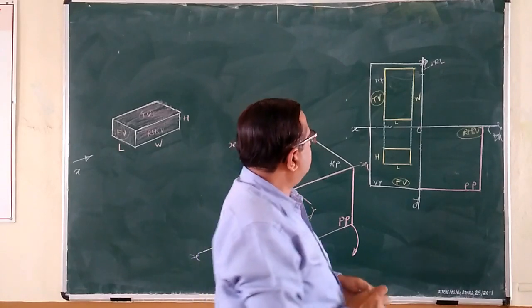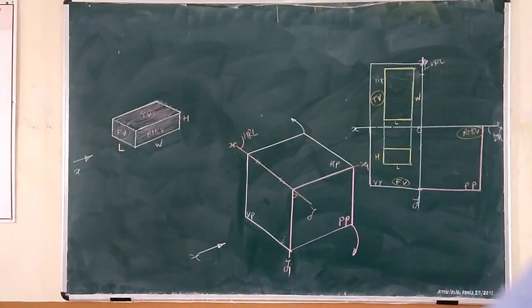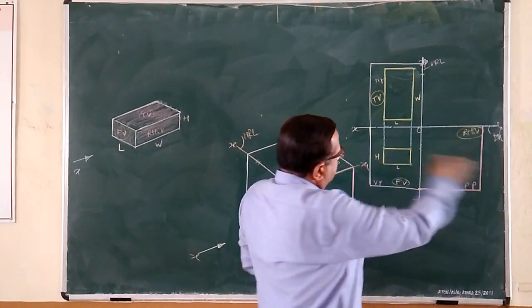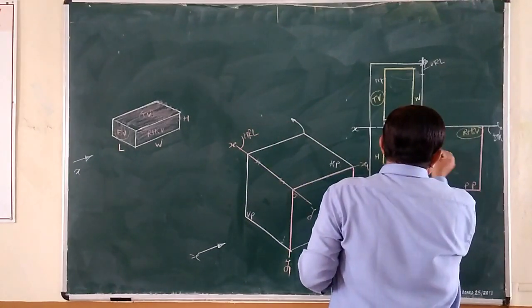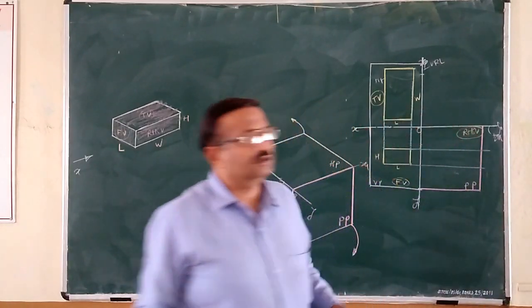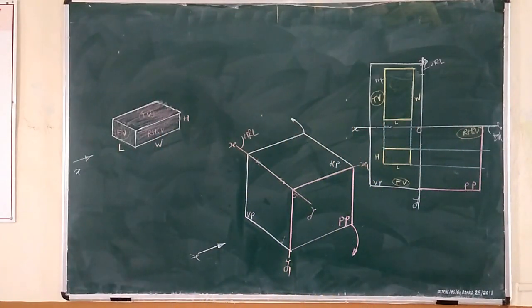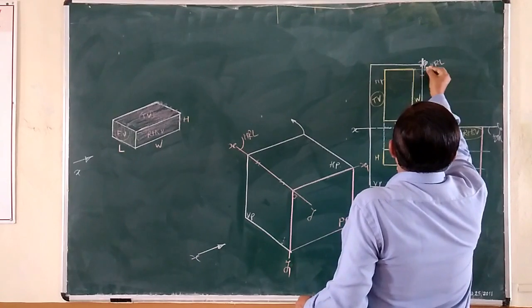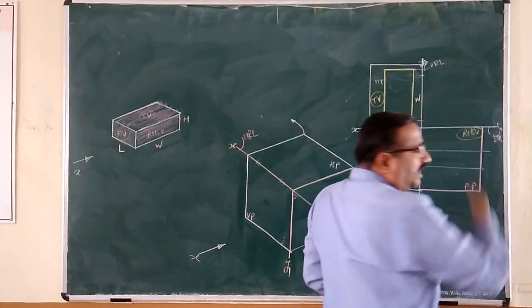For the last view, you have to adopt the same usual method. Means what you have to do? Take the reverse positions from front view. Height will be carried forward in this way. And now this width you have to extend up to here.